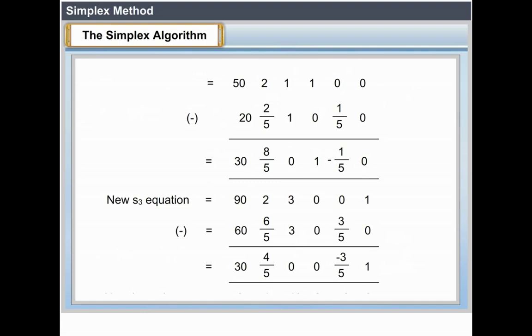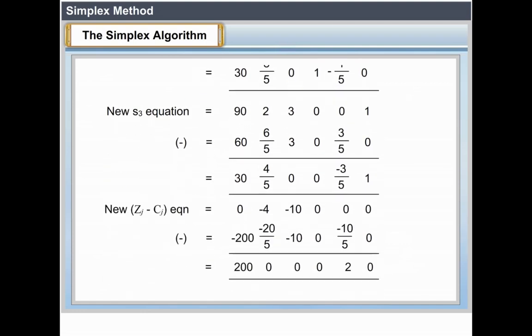New S3 equation equals 90, 2, 3, 0, 0, 1 minus 60, 6 by 5, 3, 0, 3 by 5, 0. Same procedure we are applying. We just subtract these two equations or these two rows. After subtracting, we get 30, 4 by 5, 0, 0, minus 3 by 5, 1.